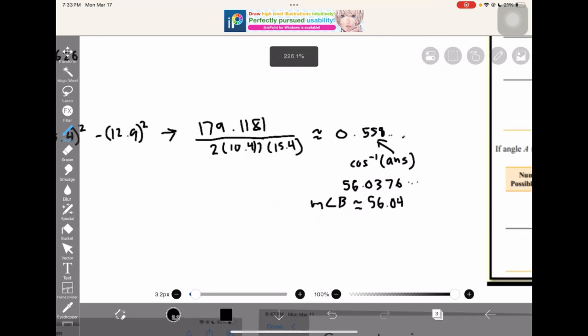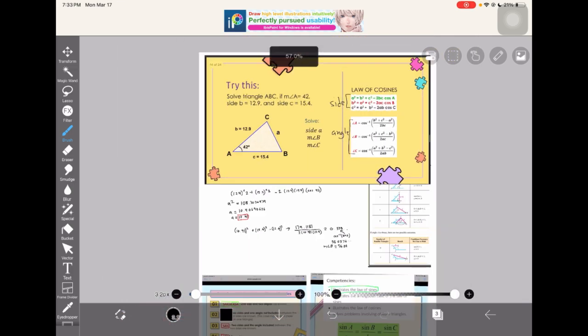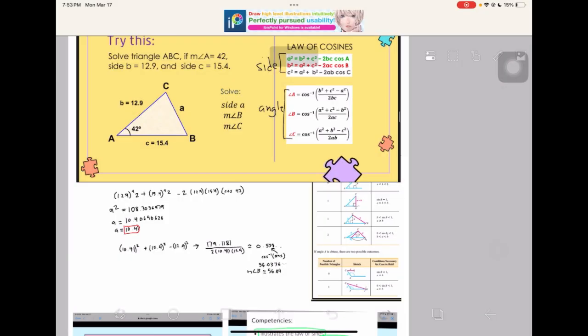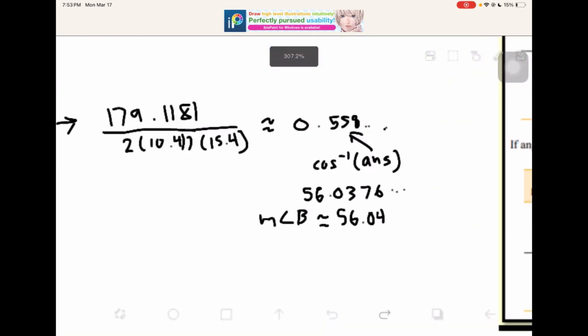So I'm gonna take a short break. I've been through quite a lot today, but I hope you're starting to get the law of cosines. Alright, so this is correct for angle B.